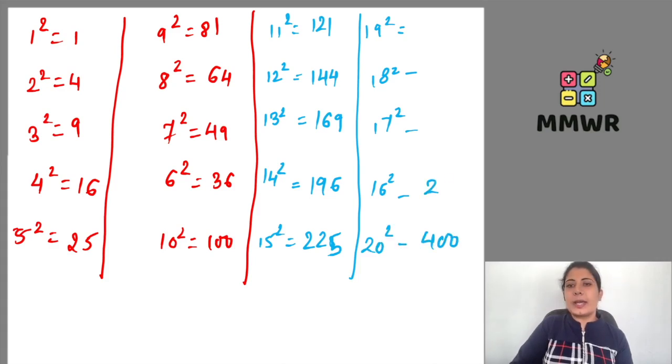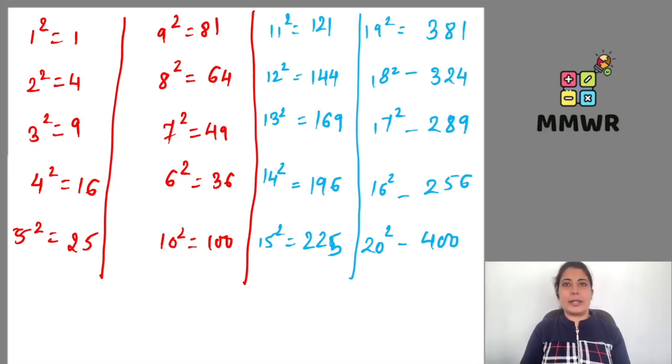So 16 square is 256, 17 square is 289, 18 square is 324, and 19 square is 361.